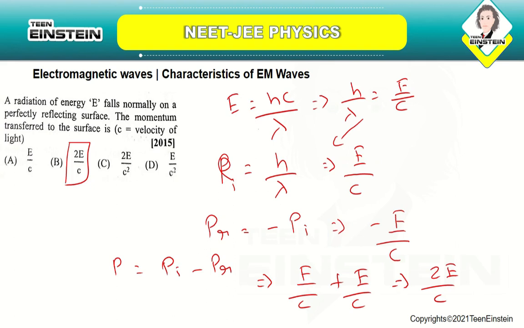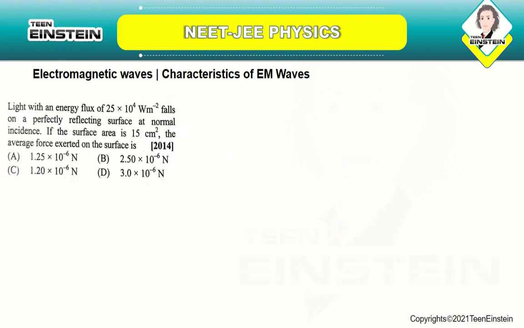When you add that, you will get 2E by C. So the correct answer is option number B. Let us now move on to the next question.